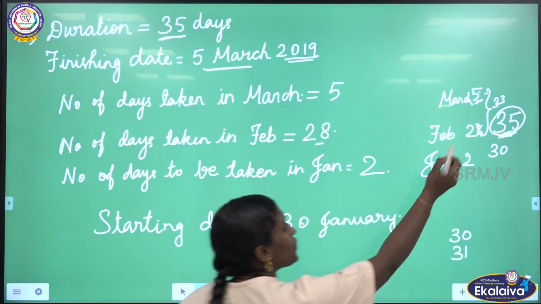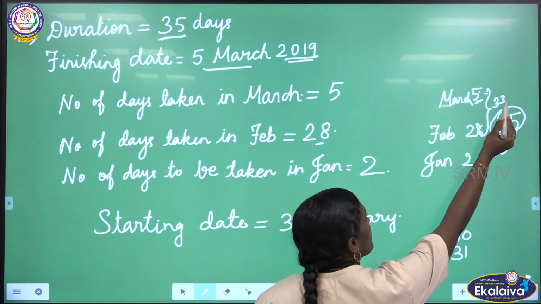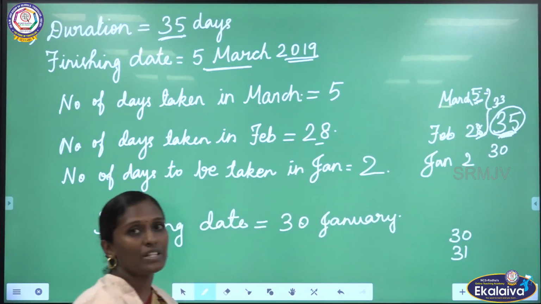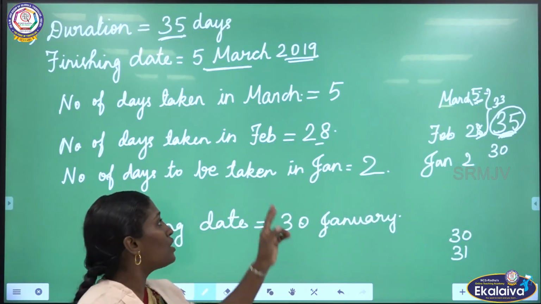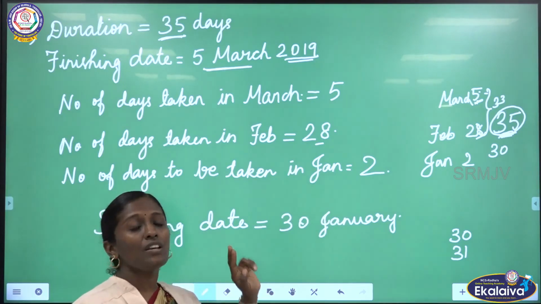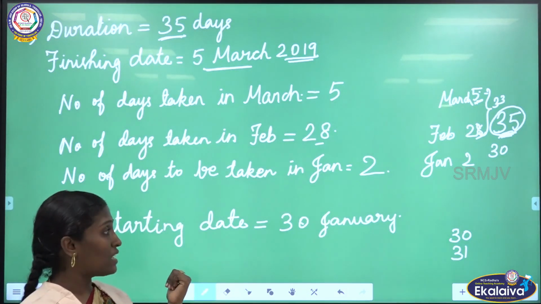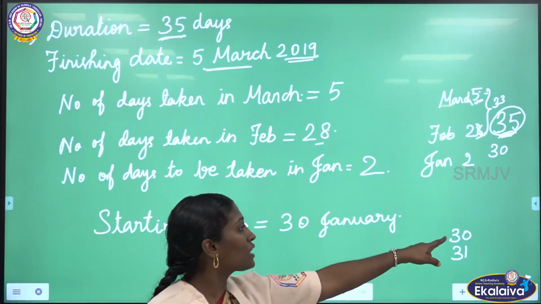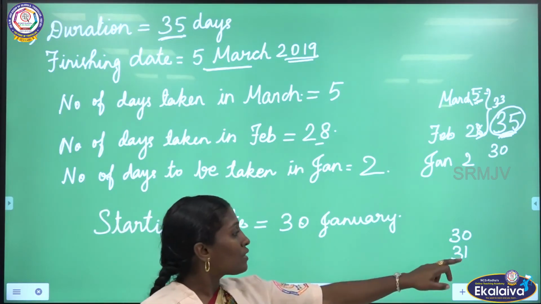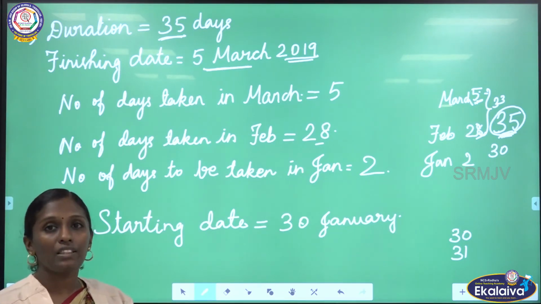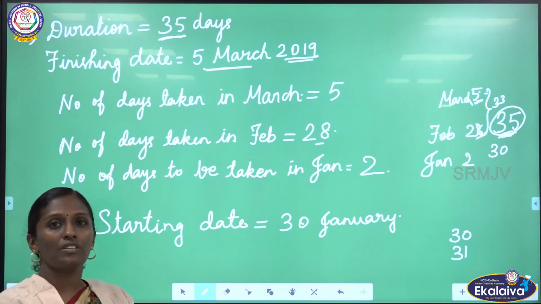For that, from the duration, we are subtracting the number of days in March and the number of days in February. Then we are getting 2 days. So 2 days are there in January. By counting backwards, we are finding the starting date, backward counting 31, 30, 2 days. So 31, 30. So the starting date is 30th January. Was it clear, children?